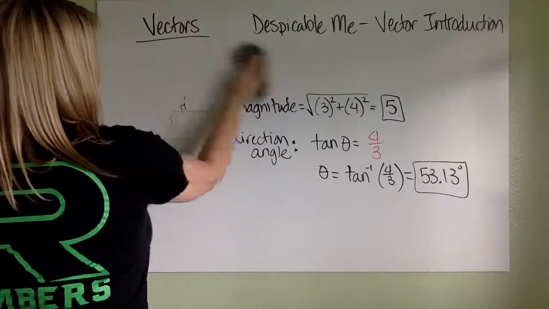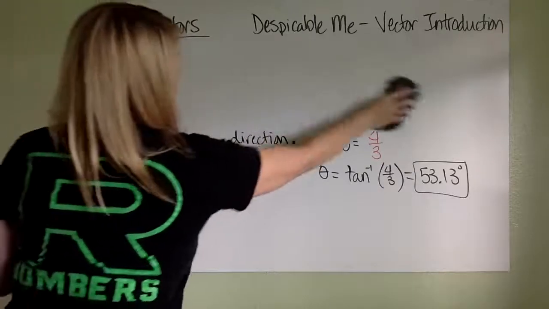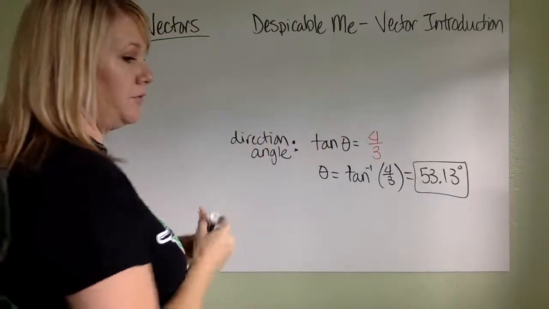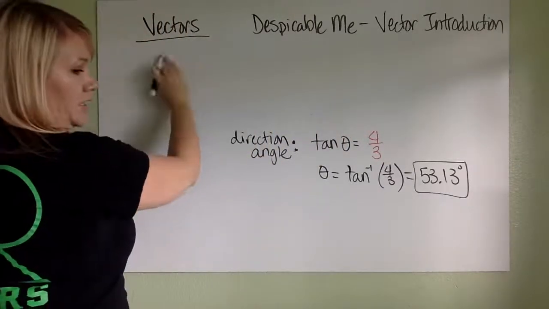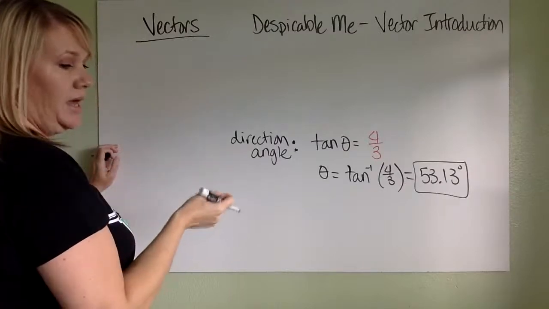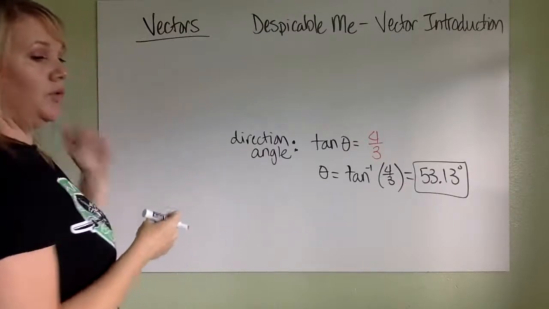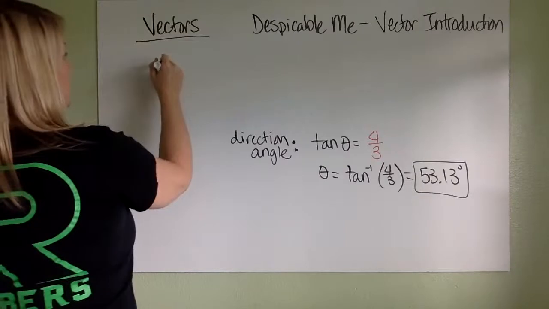Okay, so then the question will be given to you in a little bit different format. They're going to give you the magnitude and the direction angle, and you're going to come up with the component form. So how does that look?